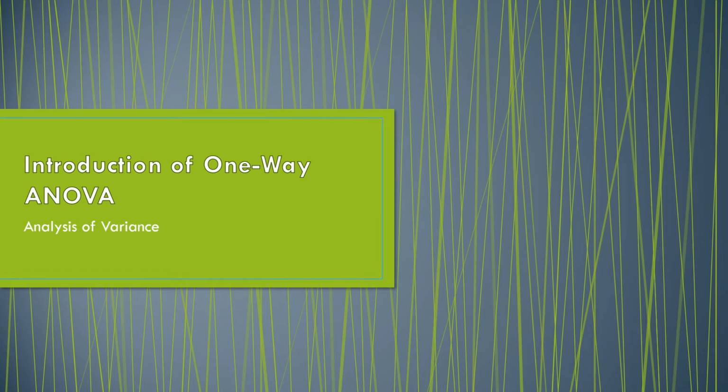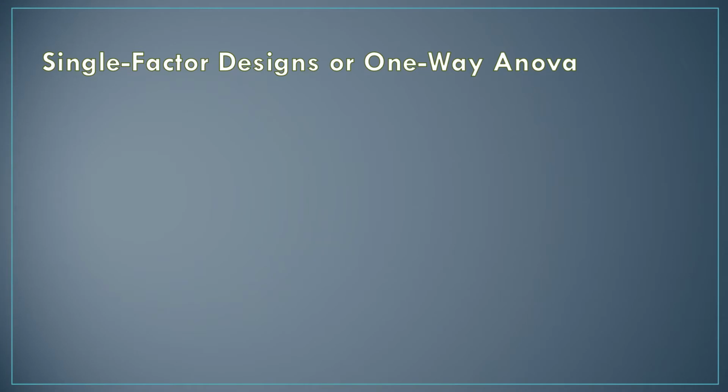This video will give you a brief introduction of a one-way ANOVA. A one-way ANOVA is considered a single-factor design in that you only have one factor or one independent variable that's establishing your groups within an ANOVA.